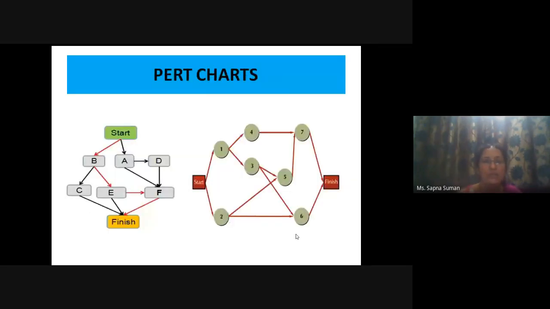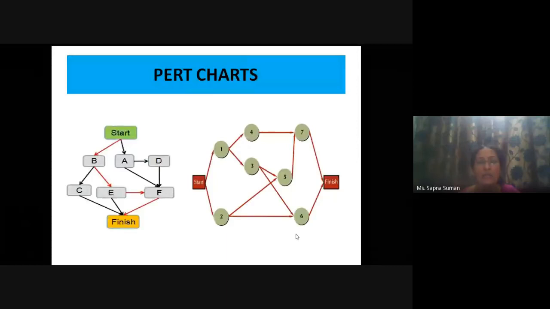Now you can see some of the PERT charts over here. There are two types of PERT chart. In the first chart, rectangular boxes are used, and in the second chart, the nodes are represented by circles with numbers 1, 2, 3, 4 written on them. In the second figure you can see only one color of line, the red lines, and these are the normal lines.